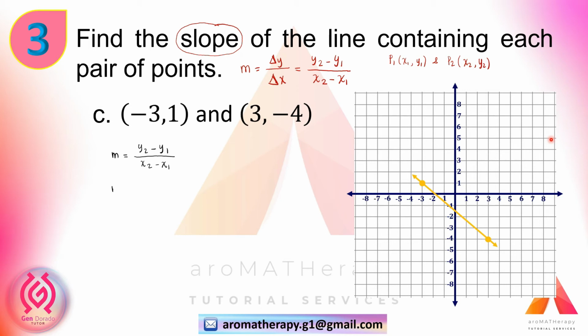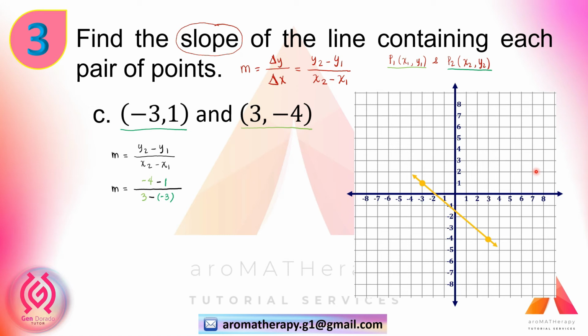So now we write M is equal to, okay, in this case, we let p sub 1 be equal to 3, negative 4. And p sub 2 be equal to negative 3, 1. Okay, let us now substitute these values here. Negative 4 minus 1 over 3 minus negative 3.